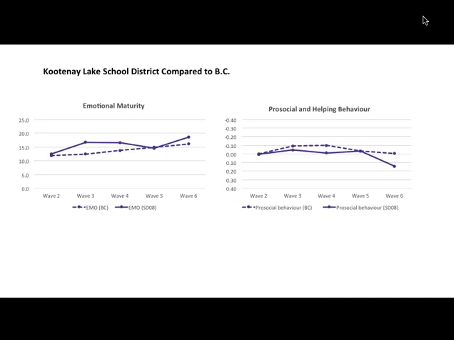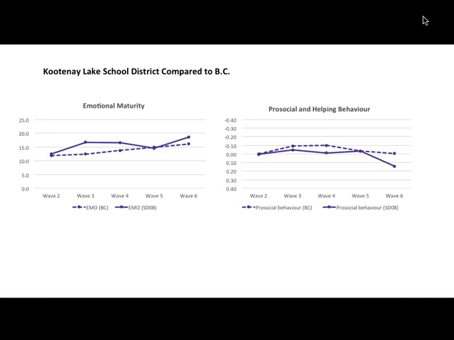Now that's not true for pro-social helping behavior, as you see on the right. In Kootenay Lake, pro-social helping behavior has been pretty steady until wave 6, when it started to get quite a bit better. In some ways it looks a bit like the provincial pattern, which is that they're getting a little worse and then getting better later on.